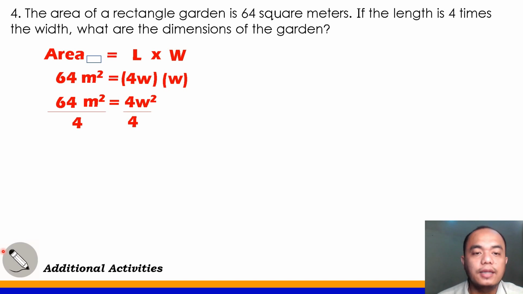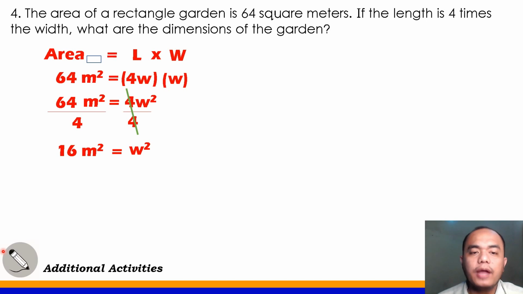So, i-divide natin sila ng 4. We will divide both sides by 4. So, cancel na yung 4 dito sa kabila. Okay, so that becomes W squared na. And then 64 divided by 4 will give you 16 square meters.